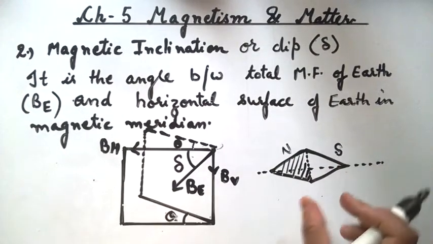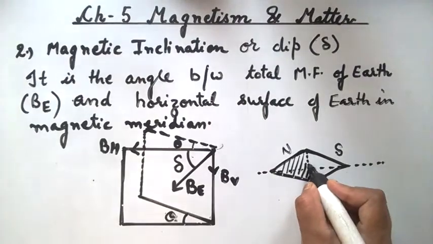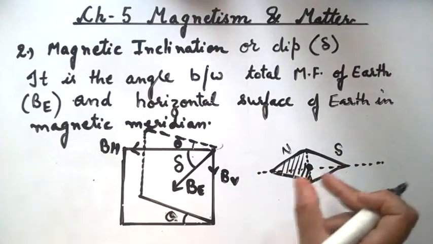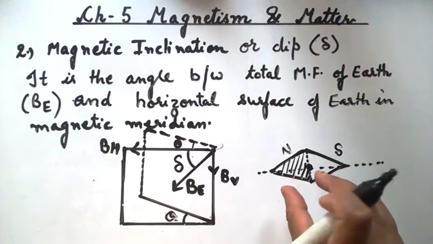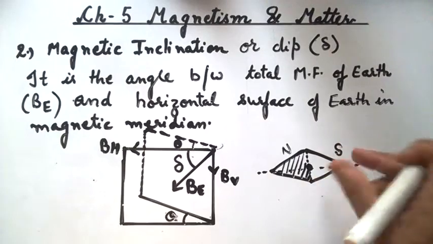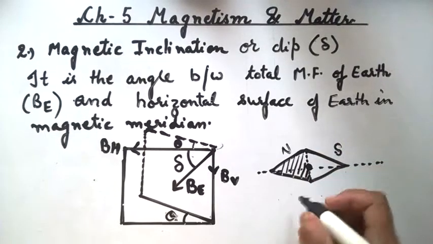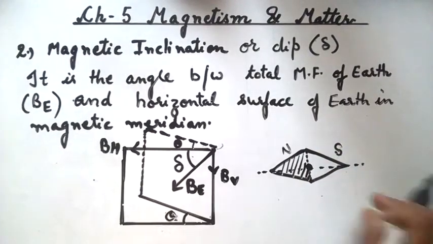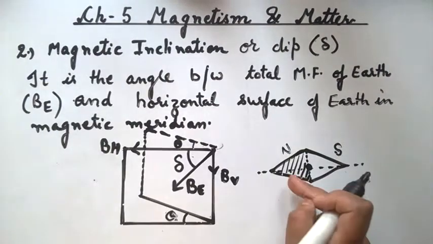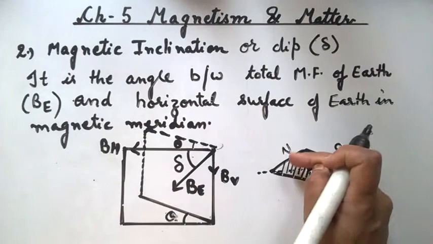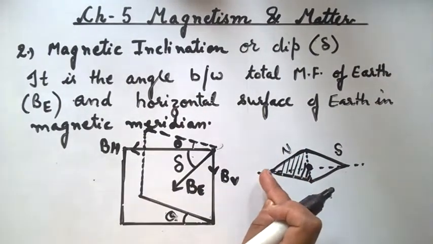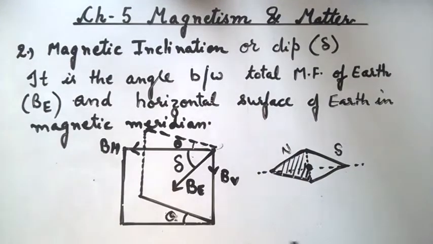Then when it is pivoted on the horizontal axis, it moves about its axis, that is horizontal axis. Now when it is placed in this manner, its north pole will dip down from the horizontal axis.